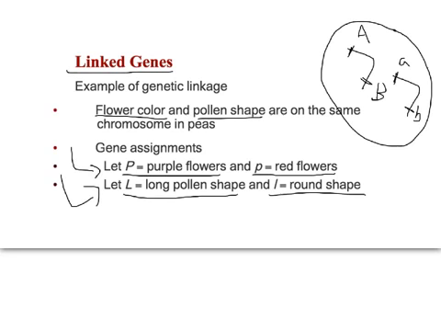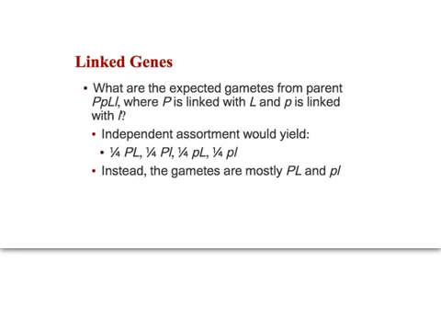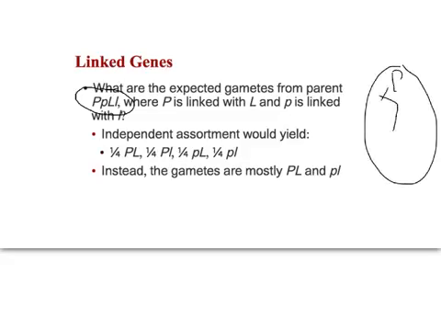So if we look at this example, if I had a parent where it's telling me that on one chromosome, capital P is linked with capital L, and lowercase p is linked with lowercase l, and it wants to know, well, what gametes can this parent make when they undergo meiosis?